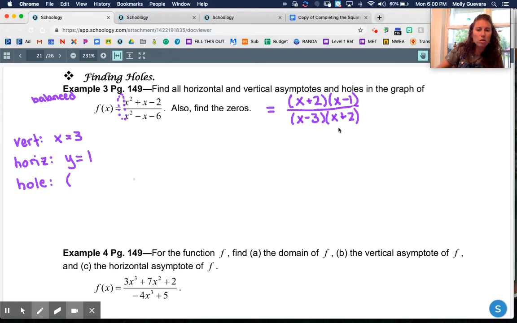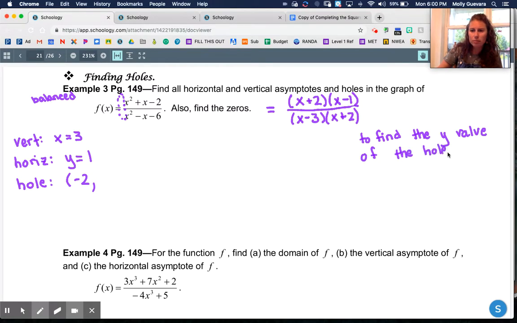Okay, now the hole, I have a negative 2, 0 on the bottom and a negative 2, 0 on the top. So my hole is at negative 2. And then let's make a little note of this. To find the y value of the hole, we're going to plug negative 2 into x minus 1 on top and x minus 3 on the bottom.